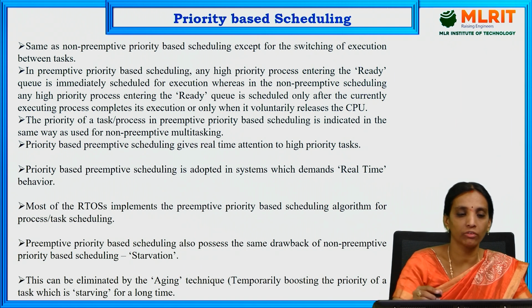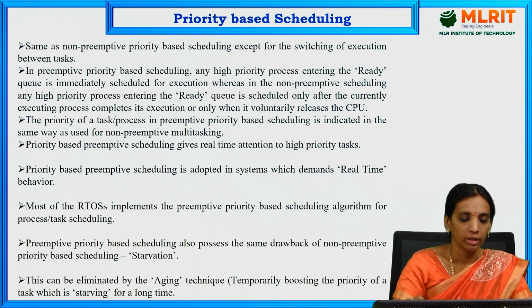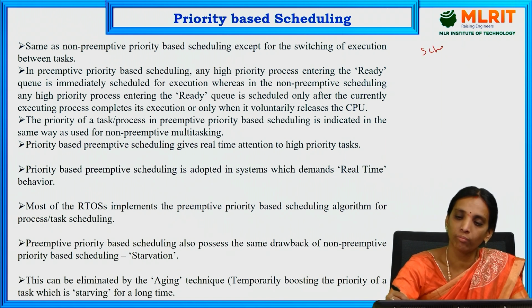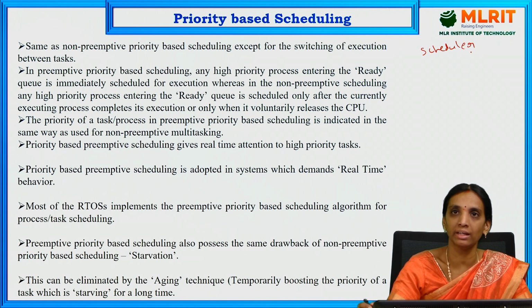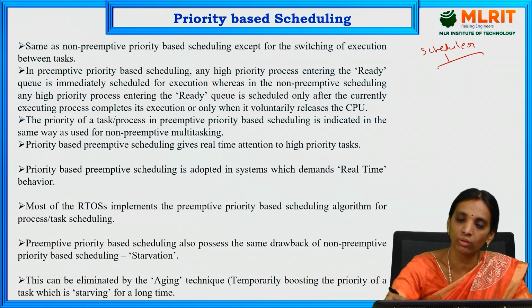Next, priority based scheduling. So, in priority based scheduling, the scheduler assigns priority. As we already discussed about priority based scheduling in non-preemptive scheduling, the scheduler can assign priority to all the processes either in a number based method or in an execution time based method.